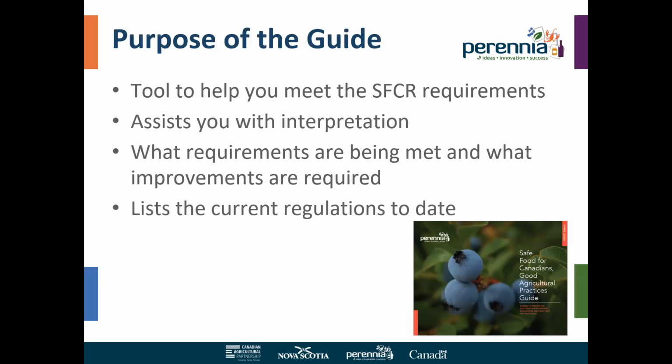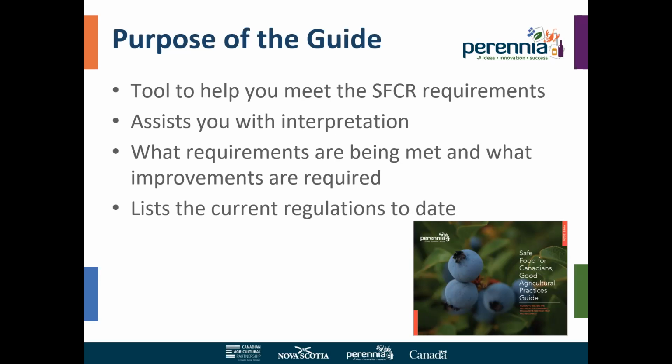So the purpose of this guide that the Quality and Food Safety team recently developed and has uploaded to their website, basically it's a tool to help you meet the Safe Food for Canadian requirements. And it also assists you with interpretation. We know that when we go to the CFIA website, it's not always that easy to navigate or to understand.